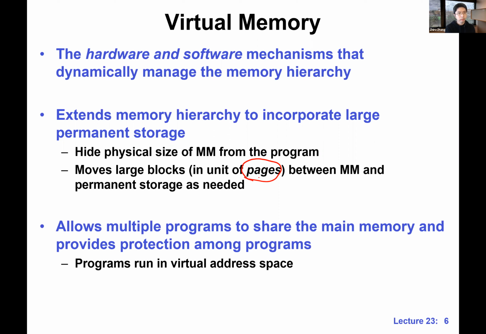And also, we create this virtual address space so that multiple programs can share the same physical main memory. And we come up with a way to provide protection among the programs, even if many of them share the same physical memory.